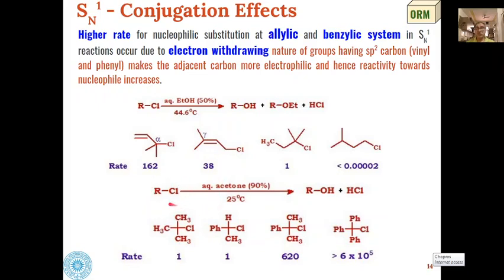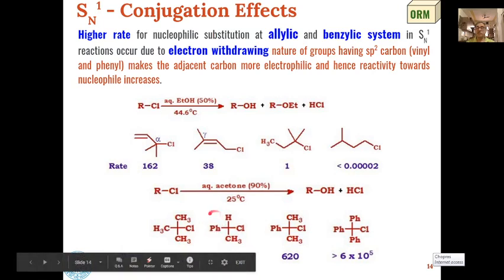Similarly, one more example is when we have phenyl groups attached to different alkyl chlorides. If we have tertiary butyl chloride, and then one of the methyls is replaced by phenyl, here we have one phenyl and two methyl groups, and here we have all three phenyl groups.